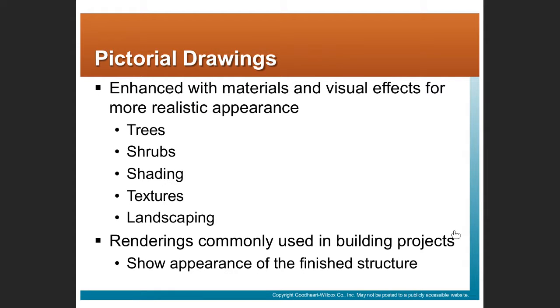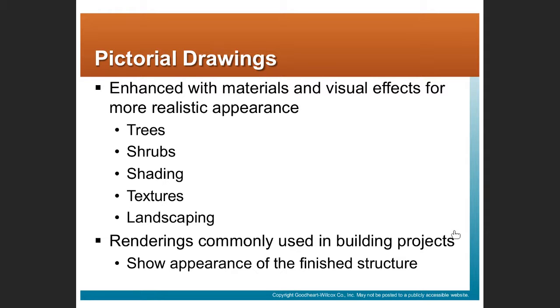In a pictorial drawing, we're trying to make a more realistic view of what the completed structure will look like. We add trees and shrubs and shading, textures of the materials, landscaping, people, automobiles.